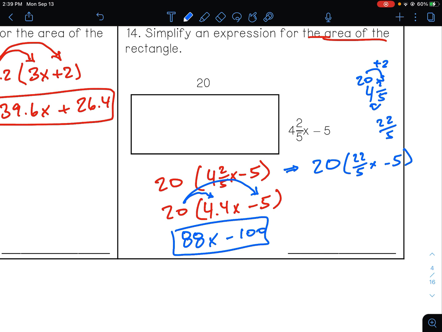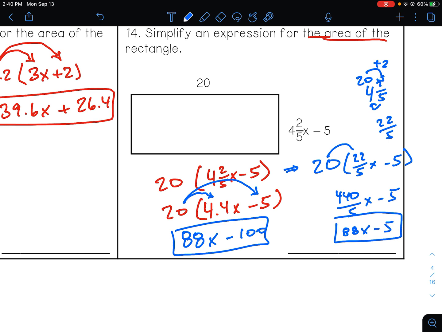Well, 20 times 22 over 5 is just 440 over 5. What goes into both 440 and 5? Well, 5 goes into both of them. 5 goes into 440 88 times, and it goes into 5 once, so 88 over 1 is the same thing as 88, x minus 5, and you get the same answer.